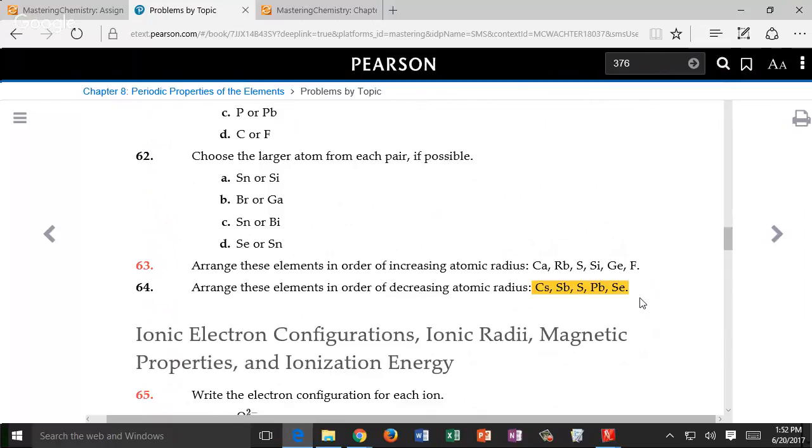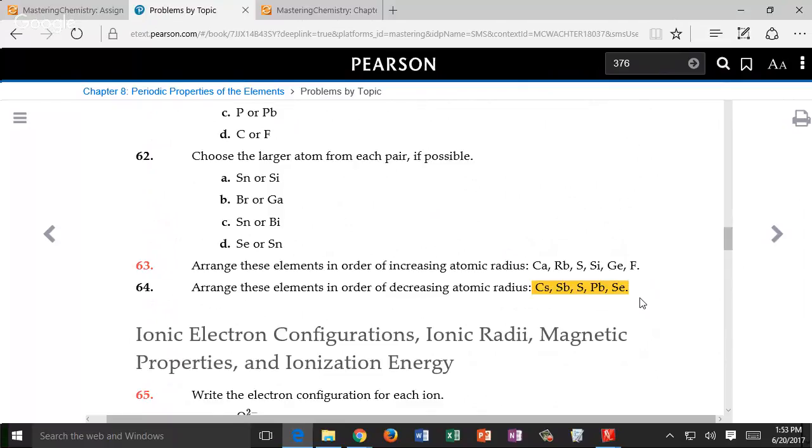If you keep those trends in mind, you can answer a lot of these types of problems. So what's the biggest out of that list? Cesium, yeah. So that's going to be our biggest. Let's go to the other extreme then. What's the smallest in the list? Sulfur, yeah, it's the only one in the third period, and it's pretty far over to the right.